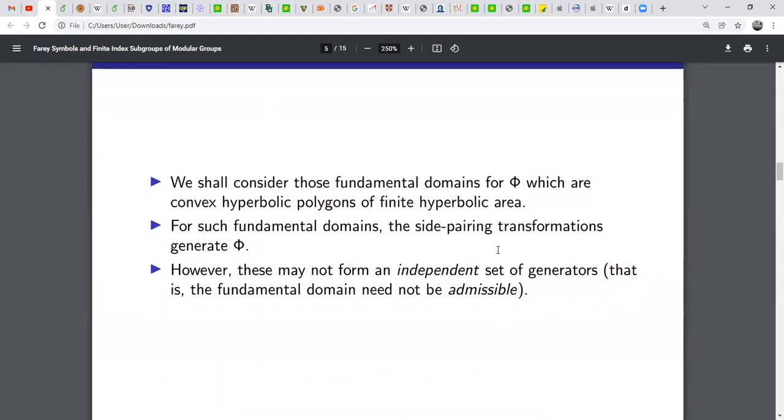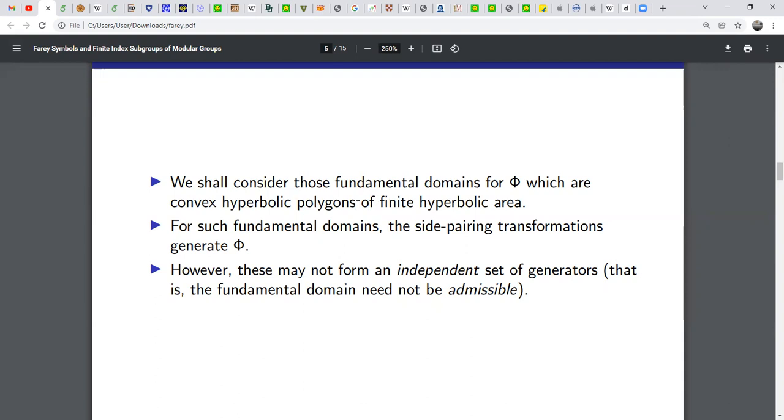Next, in this talk, we shall only be considering fundamental domains which are convex hyperbolic polygons. Here, convex means geodesically convex, which means that given 2 points within the polygon, the shortest geodesic arc joining them will lie entirely within that polygon.